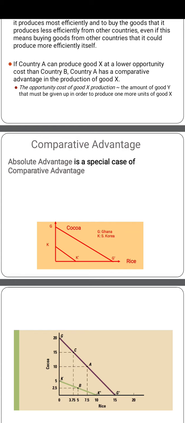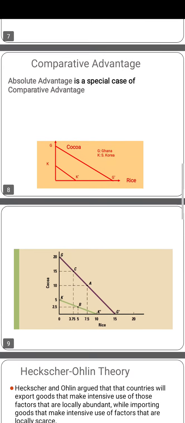as for the same countries, Ghana and South Korea, you are seeing here Ghana is good in production of cocoa and rice both, and South Korea is good in production of rice and cocoa.